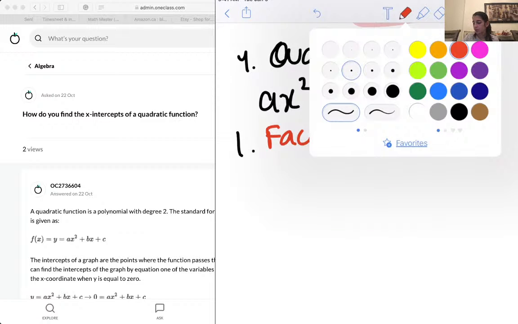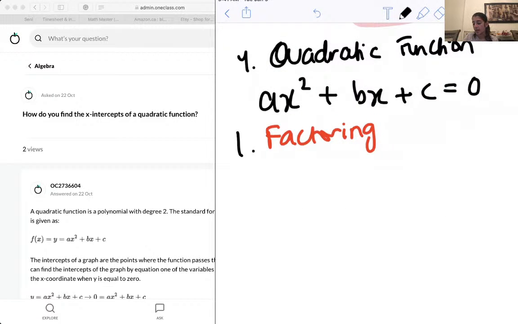The first thing that you have to do for factoring is think of two numbers that are being multiplied that are the same as a times c, and the sum of b.